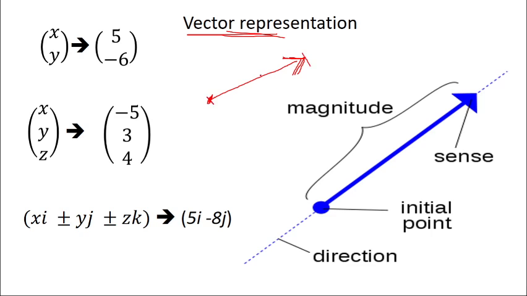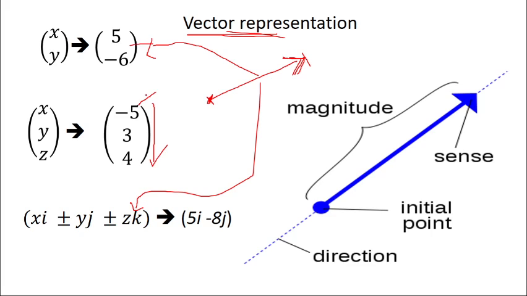So therefore, this straight line can be coded as this coordinate, and it can also be coded as this coordinate number. That is to say, any group of numbers in a vertical column enclosed in a bracket like this is actually a vector. The order of the numbers starts from x, y, z, depending on the number of dimensions.